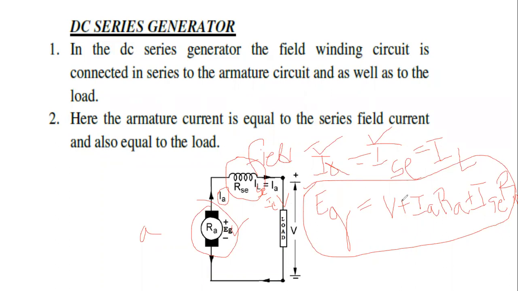Therefore EG is equal to V plus IARA plus ISC RSC, applying KVL in this circuit, where V is the voltage across the load and EG is the generated EMF, IA is the armature current, RA is the armature resistance, ISC is the series current and RSC is the series resistance.